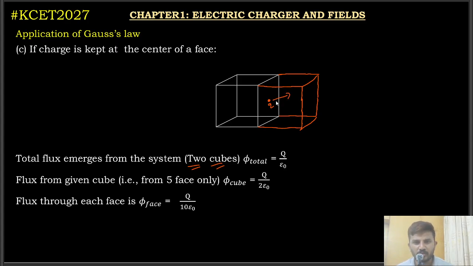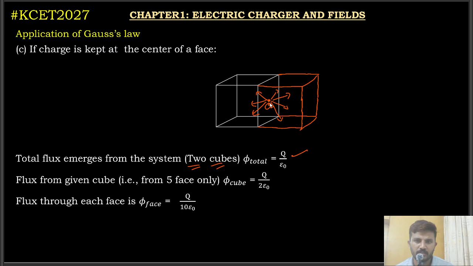Here half of the flux enters this cube and the remaining half of the flux enters this cube. So the total flux emerging from the system is q by epsilon naught. That is correct.